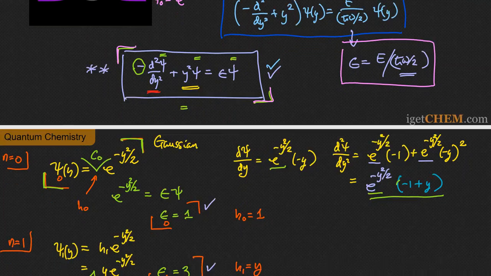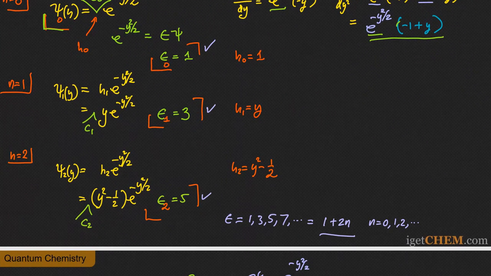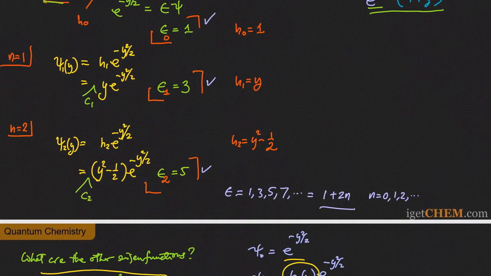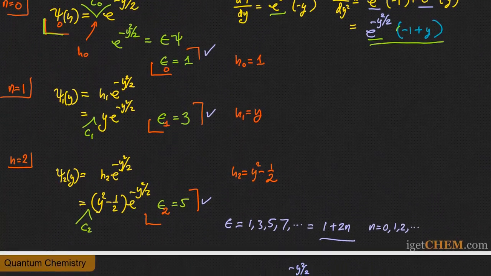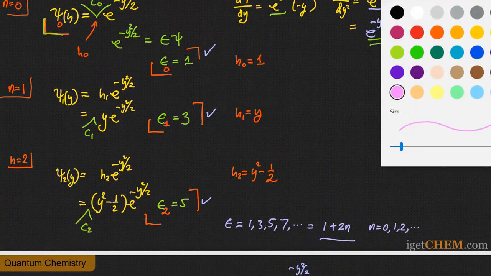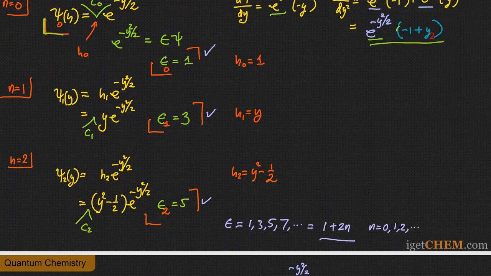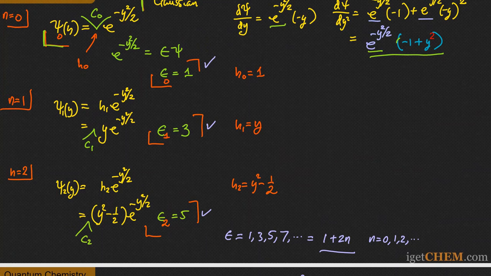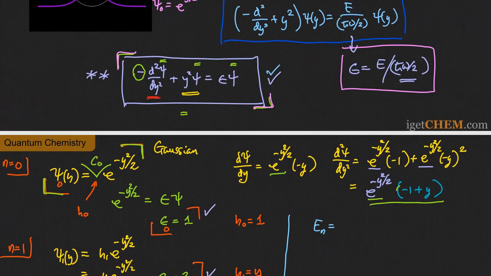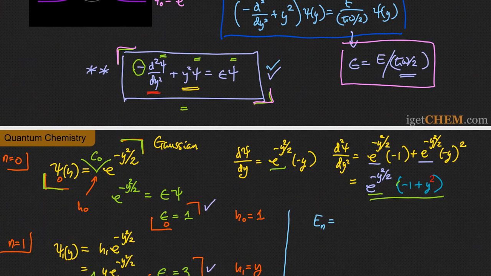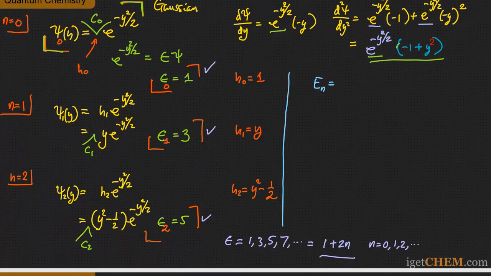So now that we know what epsilon is, we can easily see that in the harmonic oscillator, the true eigenenergies are the following. The true eigenenergies in the harmonic oscillator are going to be En, which is going to be epsilon multiplied by h bar omega over 2.